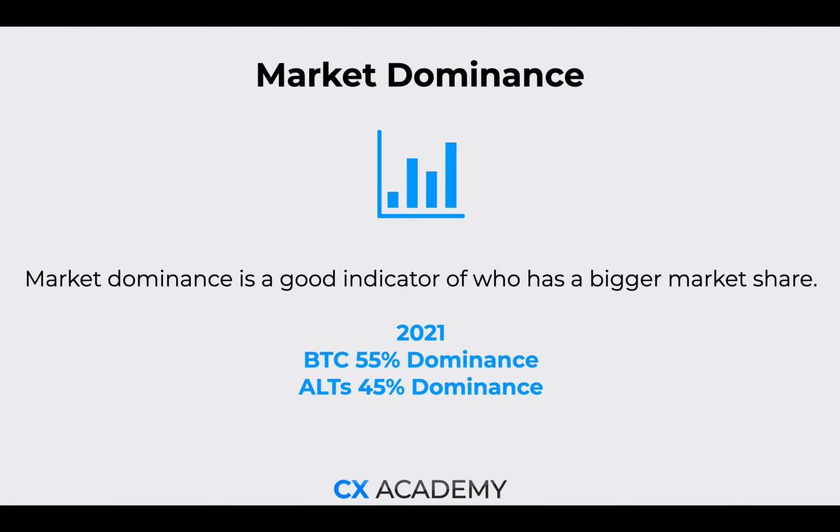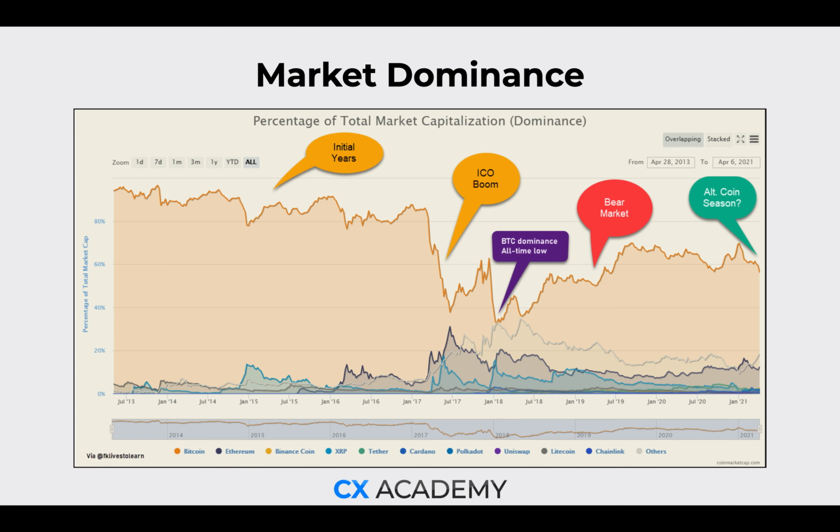and through alt seasons. So then market dominance visually, we can see that market dominance in the initial years was very, very high, upwards of 80 to 90%. And then in 2017, we can see the ICO boom, and we know that an ICO is an initial coin offering.